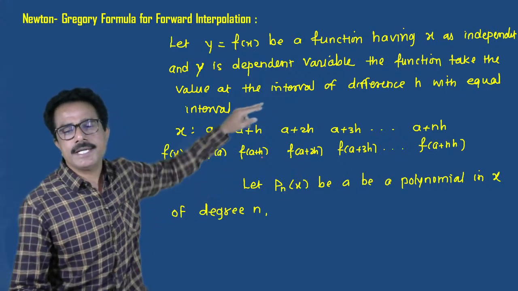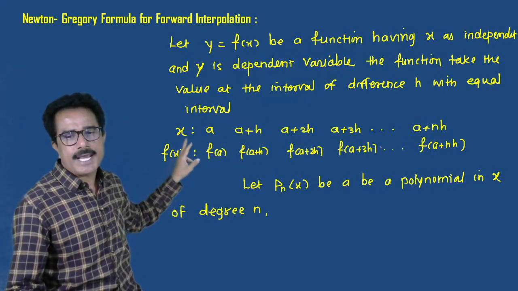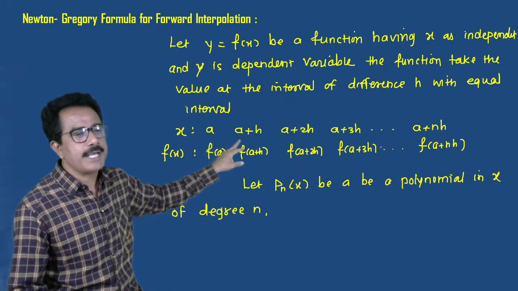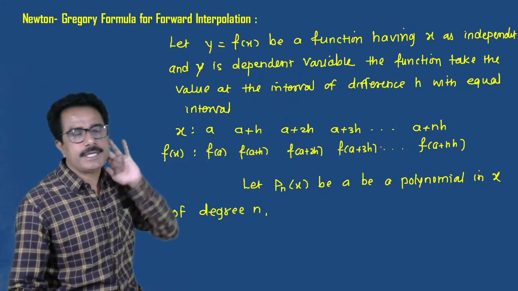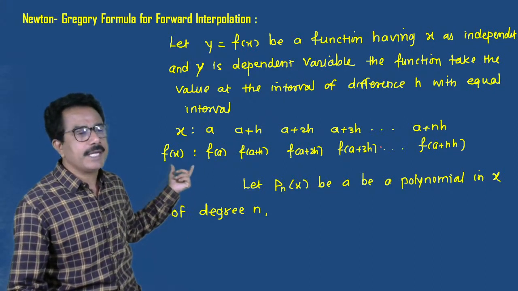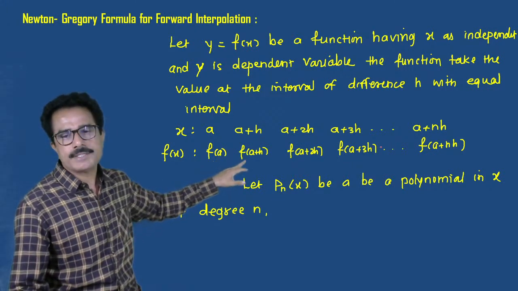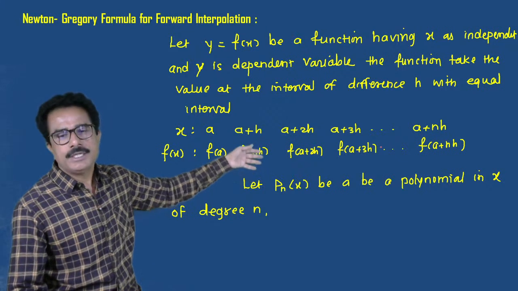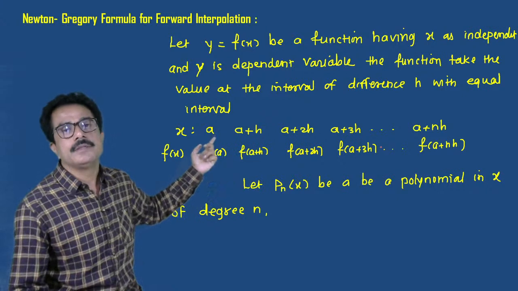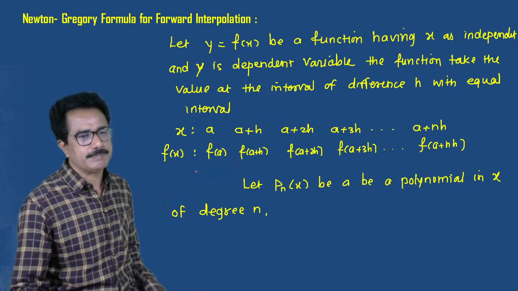So we have considered h to be the interval of differencing with equal interval, such that x is a, a plus h, a plus 2h, a plus 3h, dot dot dot, a plus nh. Similarly, we can write f of x is equals to f of a, f of a plus h, f of a plus 2h. These are the values of x. These are the corresponding values of the function.